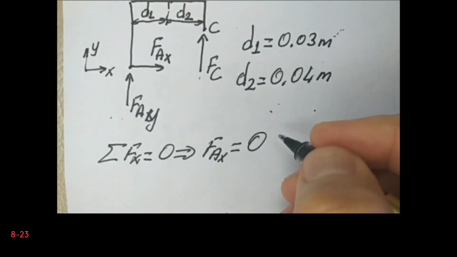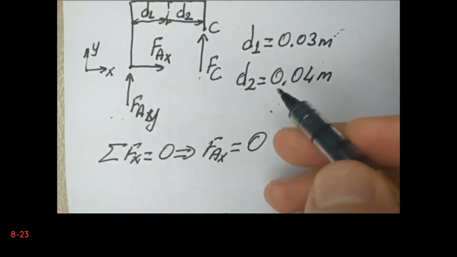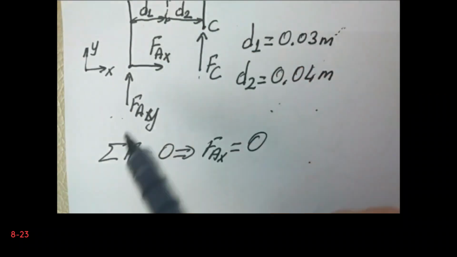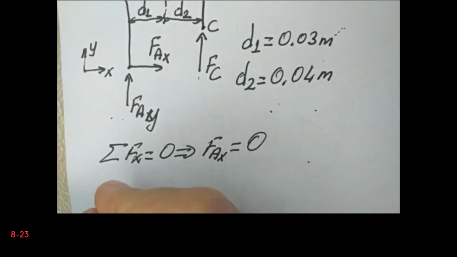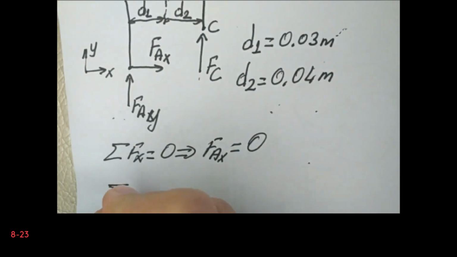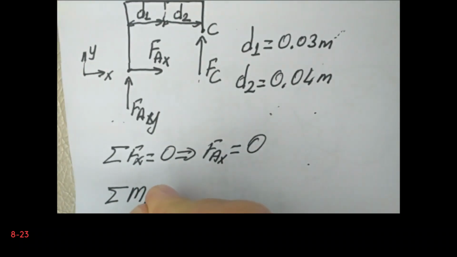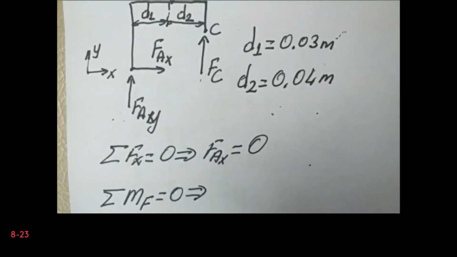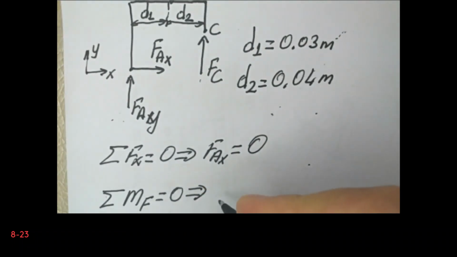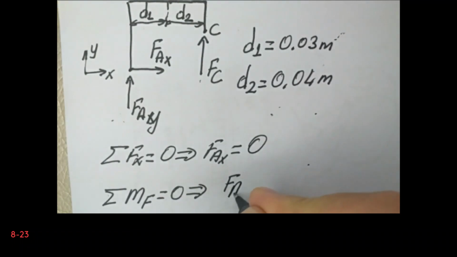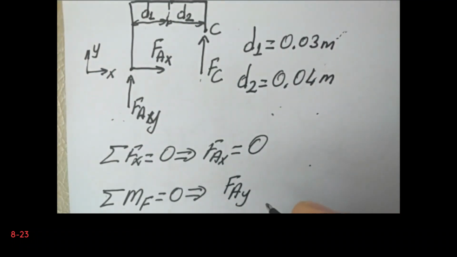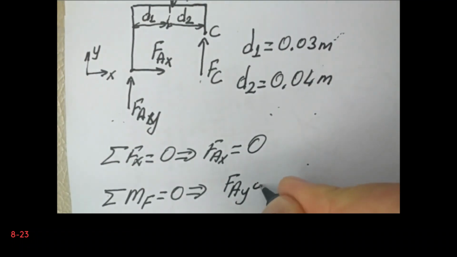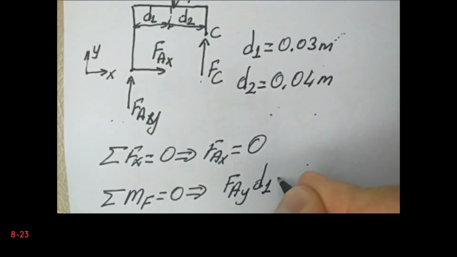Now I need to calculate the Fay. Therefore, I will take the moment with respect to F. I don't want to calculate it. Sum of the moments has to be equal to 0. This basically means that Fay multiplied by D1 is equal to Fc multiplied by D2.